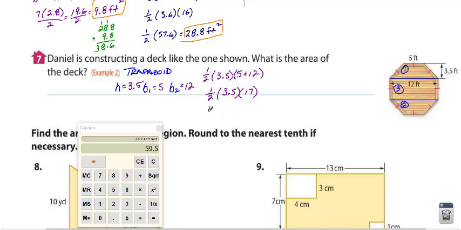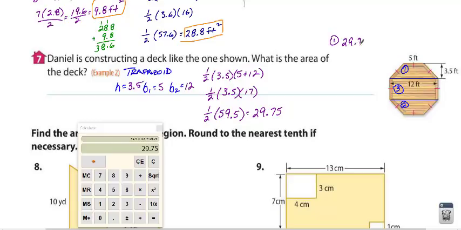I have 1/2 of 59.5, multiply that by 1/2, and we get 29.75.